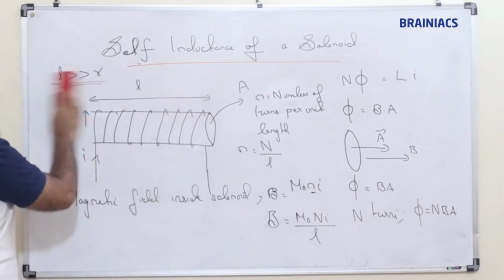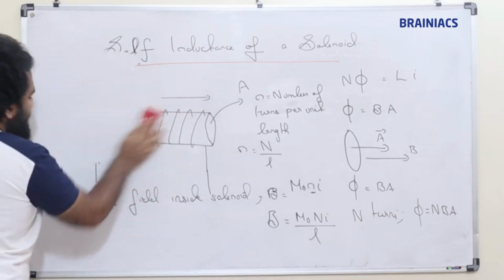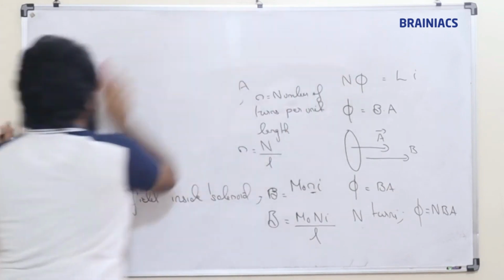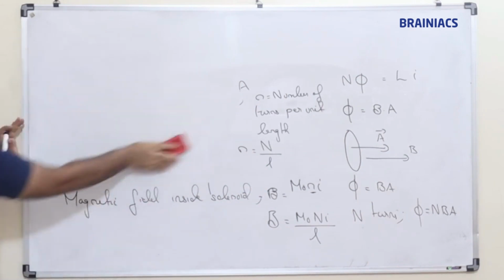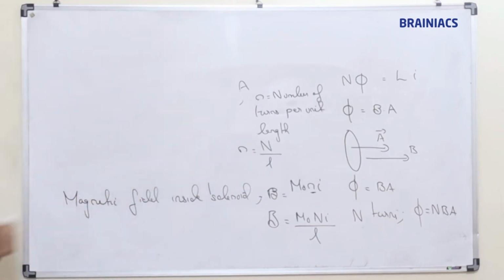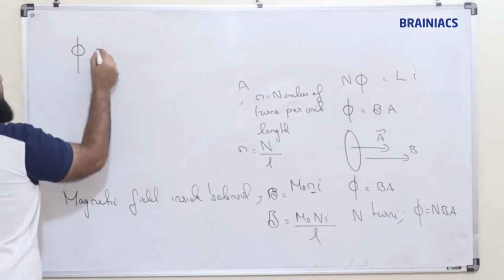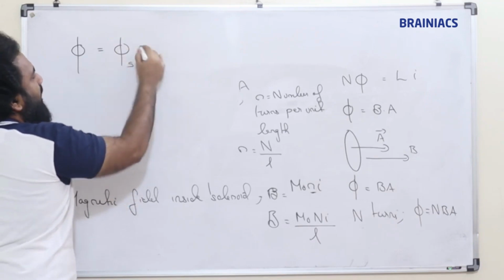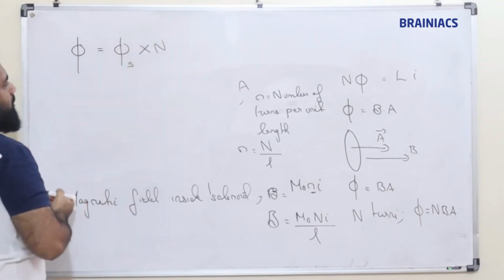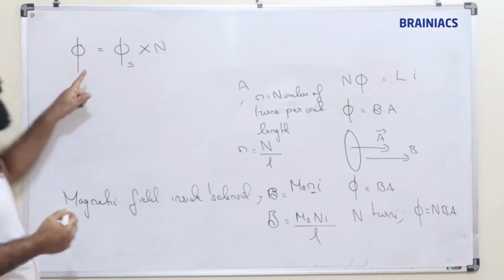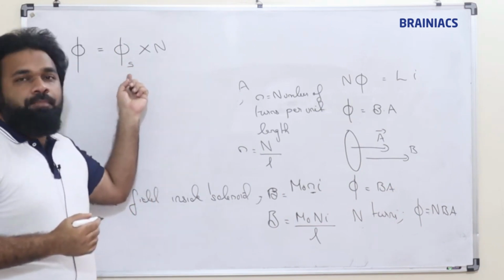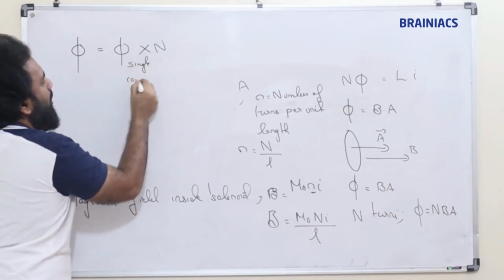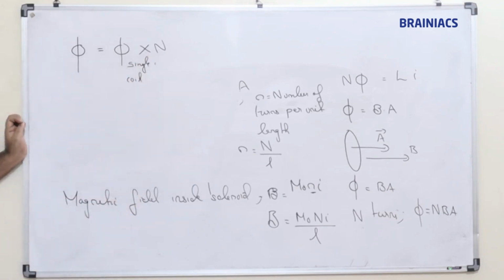Okay. Now shall I erase this? So what is magnetic flux? The total magnetic flux is the magnetic flux through a single coil times the number of turns.